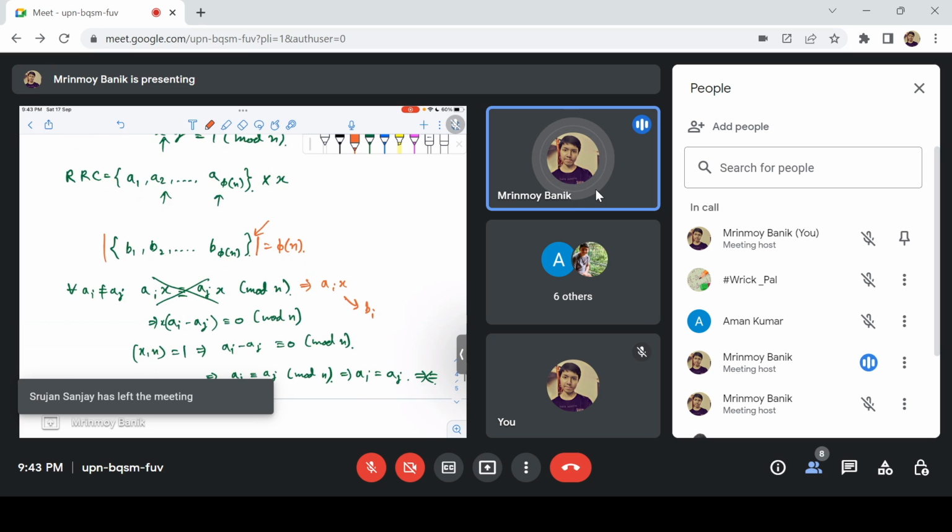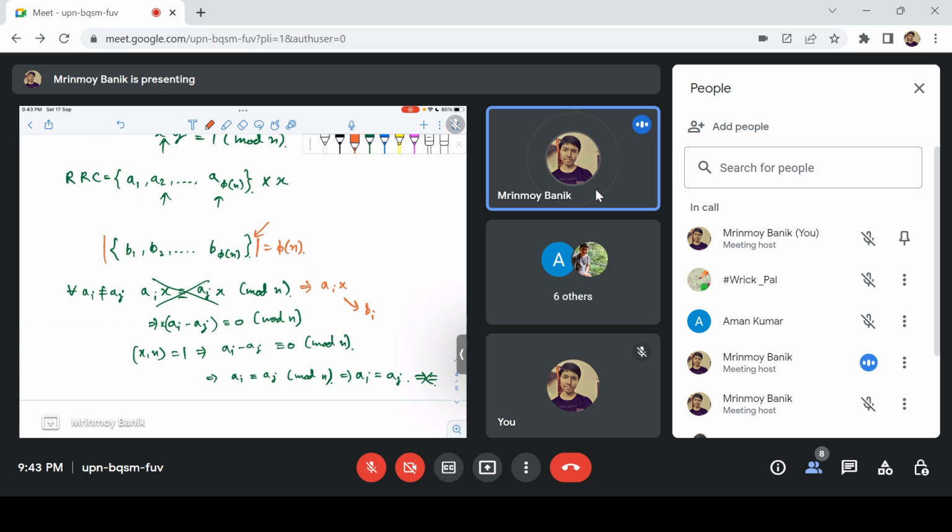And then the next part of the argument is, so they don't generate anything outside of the RRC. That is the next question.